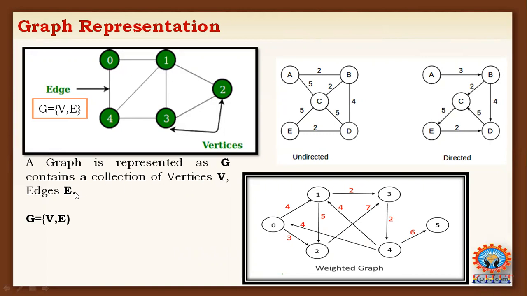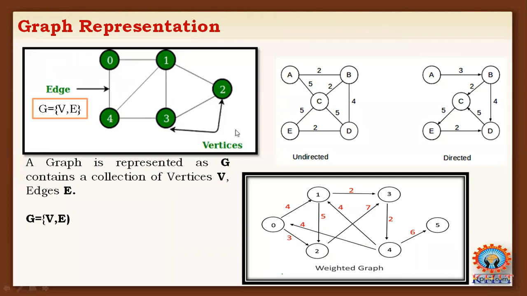And there are edges also, namely 0 to 1 is one edge, 1 to 2 is another edge, 2 to 3 is considered as an edge, 1 to 3 is another edge, 1 to 4 is another edge. So the graph can contain n power n minus 2 number of edges. So in this way we can represent the graph.